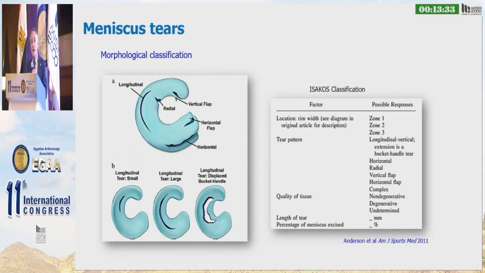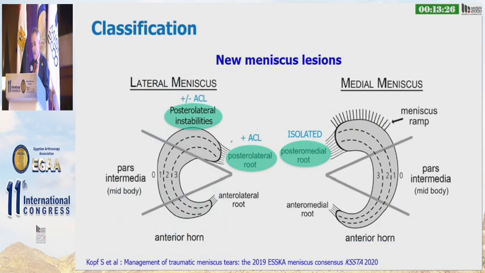So far we have looked at the meniscus in a structural way for making our classification. Very recently we updated those classifications by adding all the insertion lesions related to the medial or lateral meniscus.